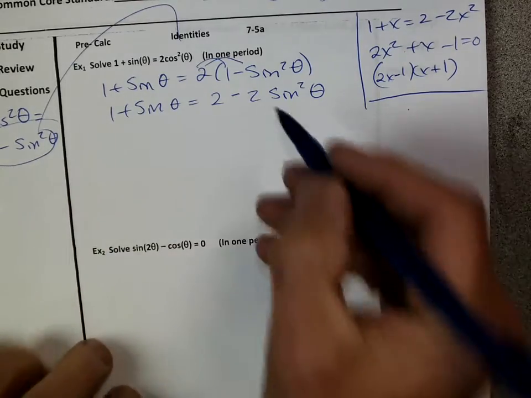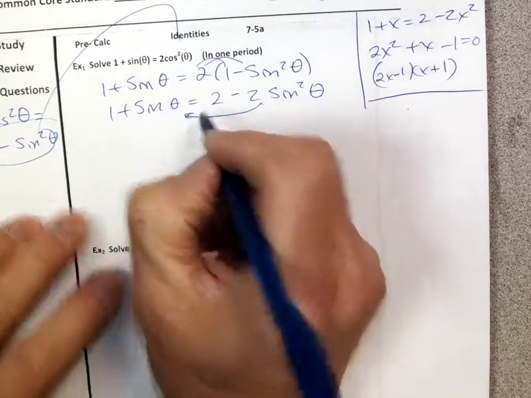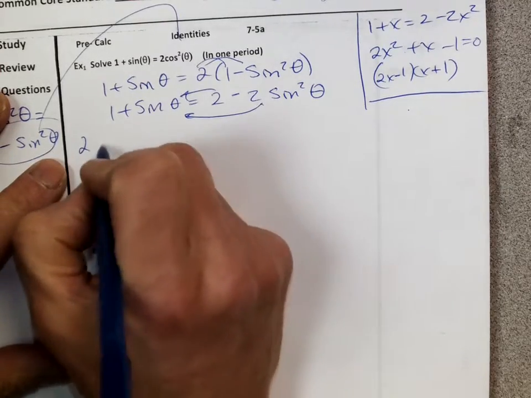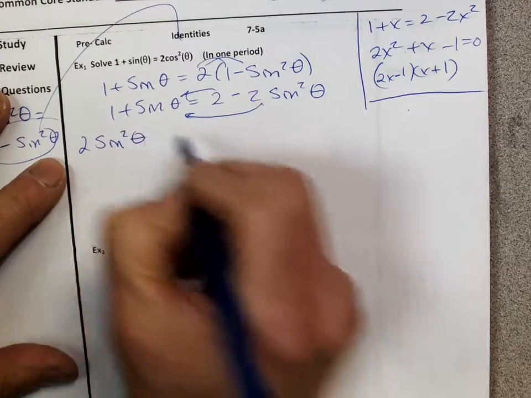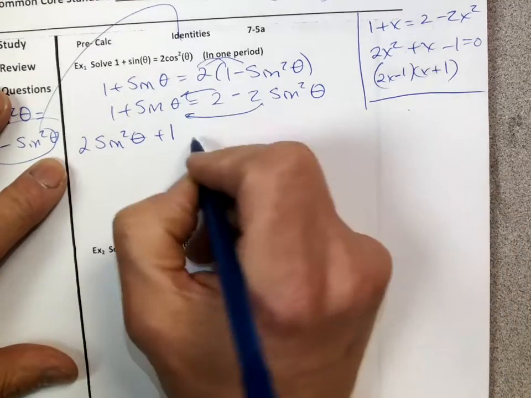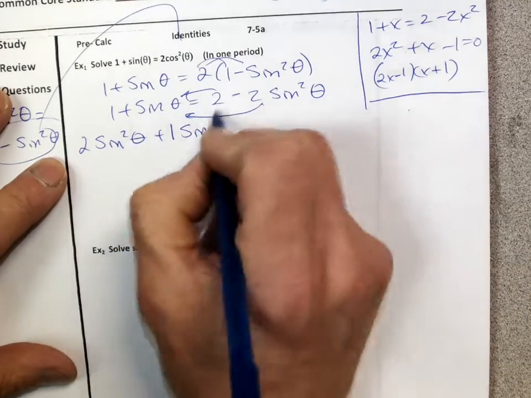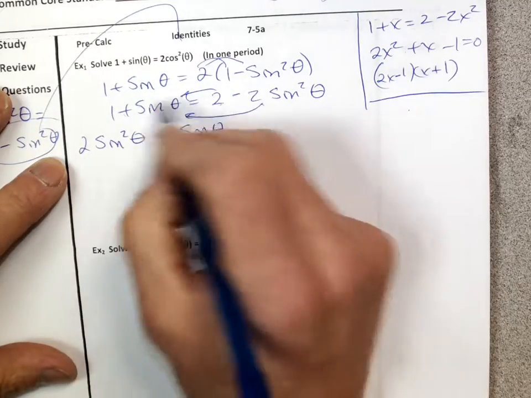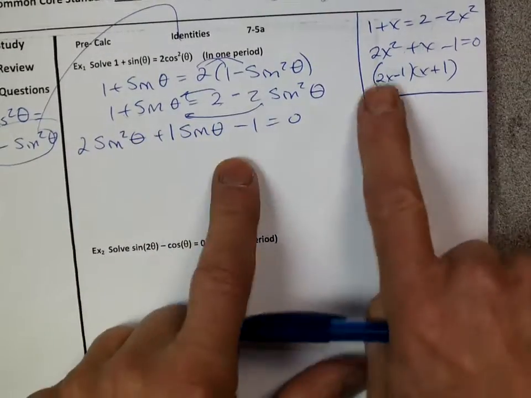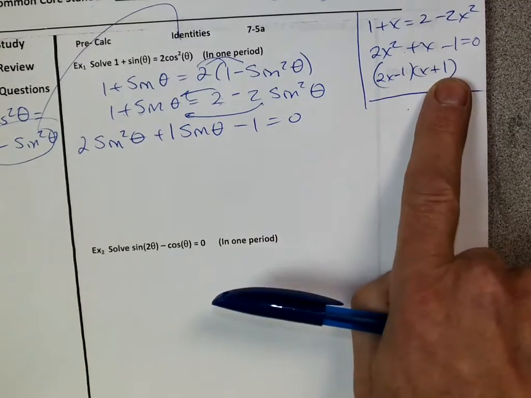So we'll do the exact process, but with sines, okay? Let's bring over the 2 sine squared. We'll bring over the 2, so I'll have a positive 2 sine squared theta plus, put a 1 to help me out, a 1 sine theta. I'll subtract the 2 and I'll get a negative 1 equals 0, okay? Now, it's really the same type of expression, except for sines.